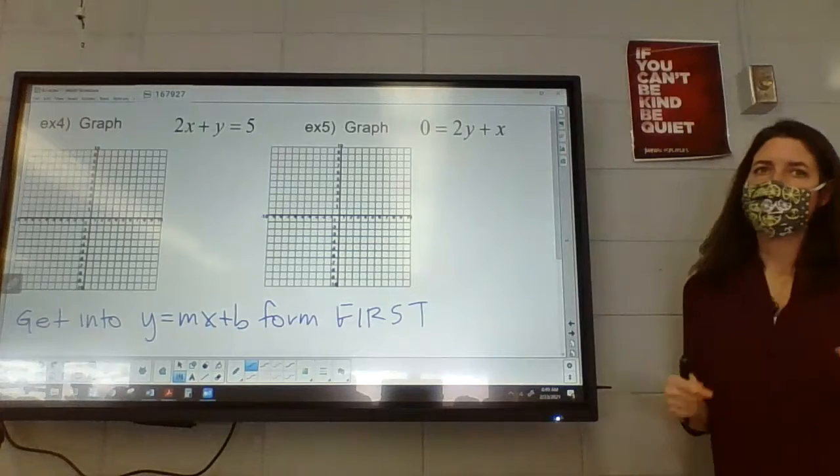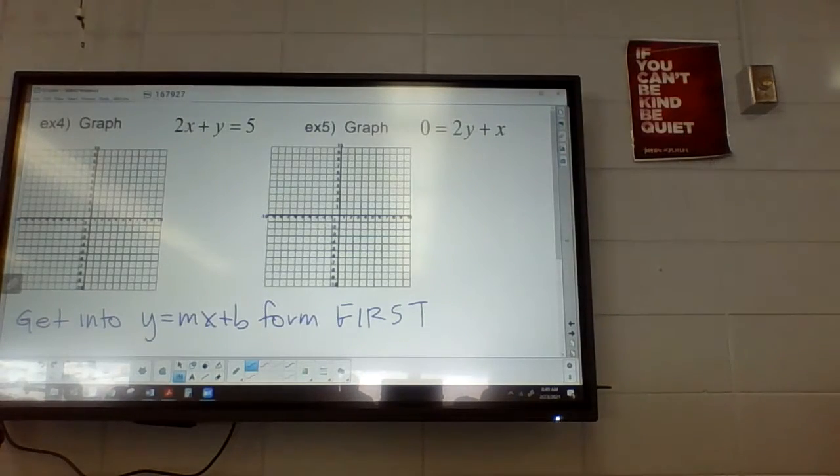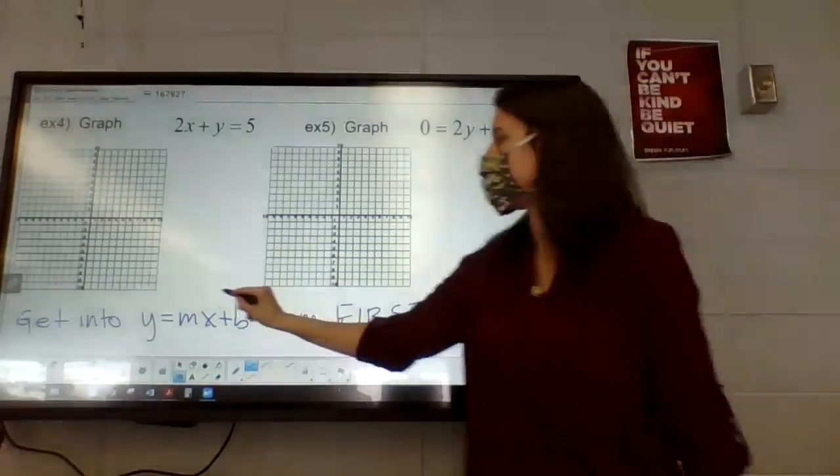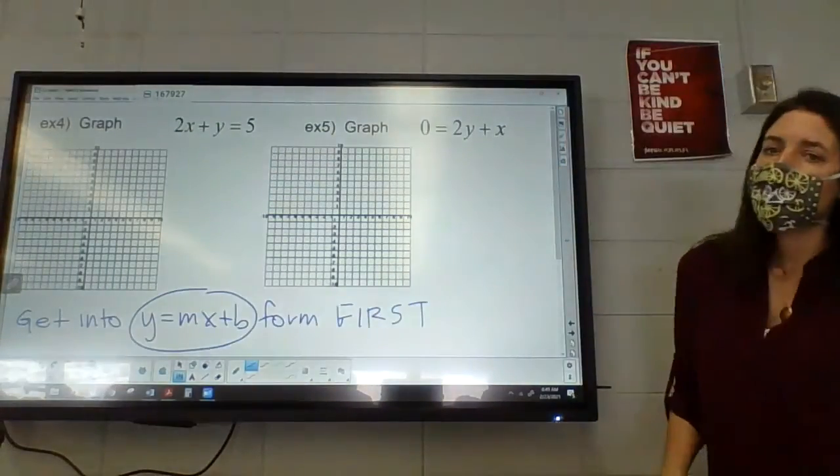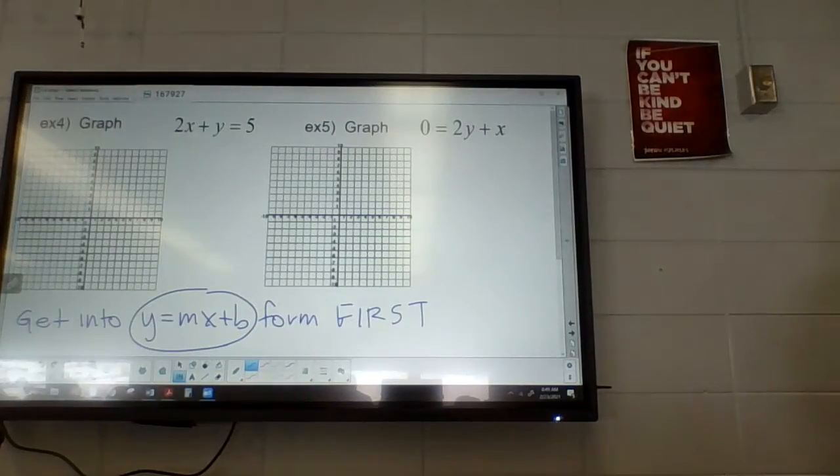When we learned last chapter how to solve for y, this is the reason. Getting that y alone and getting it into that y equals mx plus b form is what we want to do so that it's easy to graph.